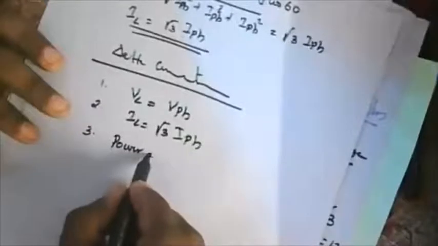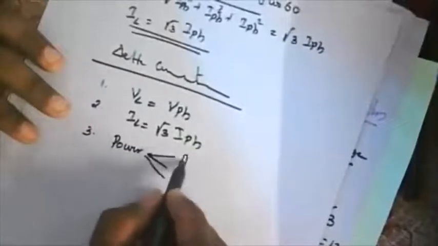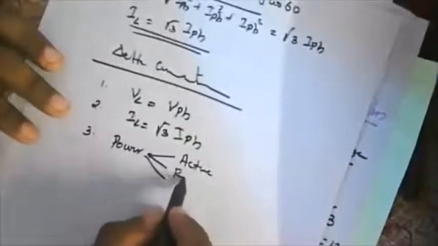So what is active power? Similar to the previous case, that is for a star, 3 V phase I phase cos phi.